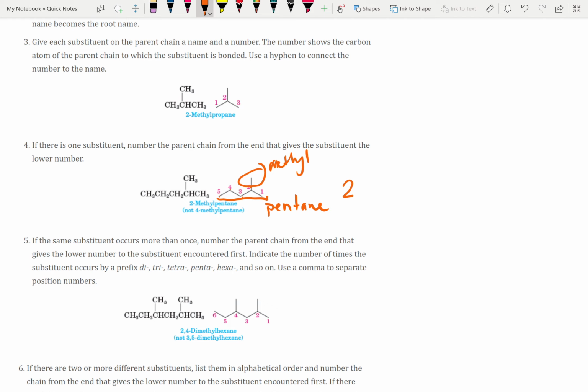So everything ends with an -ane in our alkanes because everything is a single bond, right? All the bonds you see here are all single bonds.